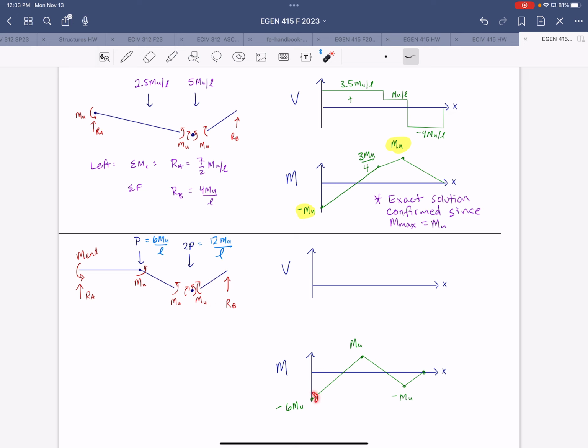You would find that the end moment has to be equal to 6 MU. So just from that, you know that this is not going to be the correct collapse mechanism, since we're exceeding MU by a lot.